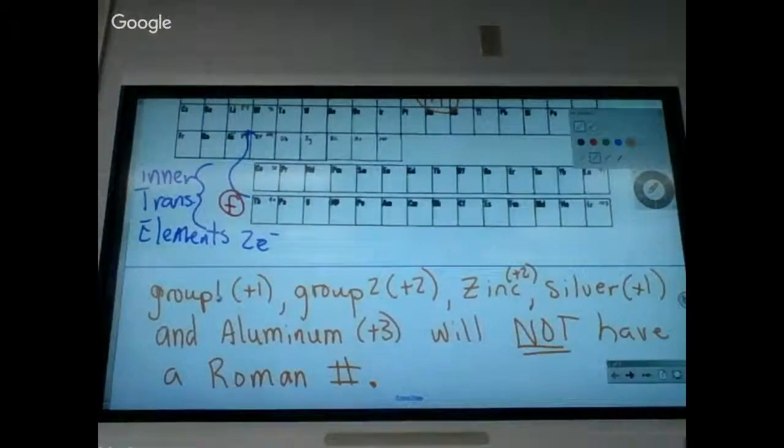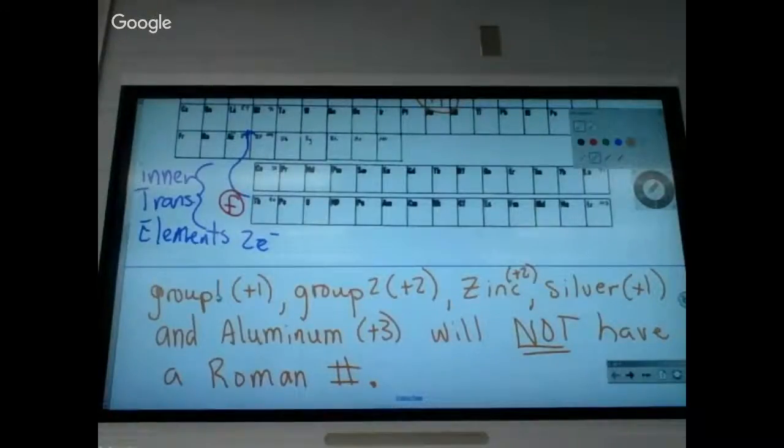Remember how we had to look on the chart to see which elements needed a Roman number and which ones didn't? And we had to look to see who had more than one number and who didn't. These are the elements that will not have more than one number. Everybody in group 1 and group 2 have one singular oxidation number, and those 3 elements.